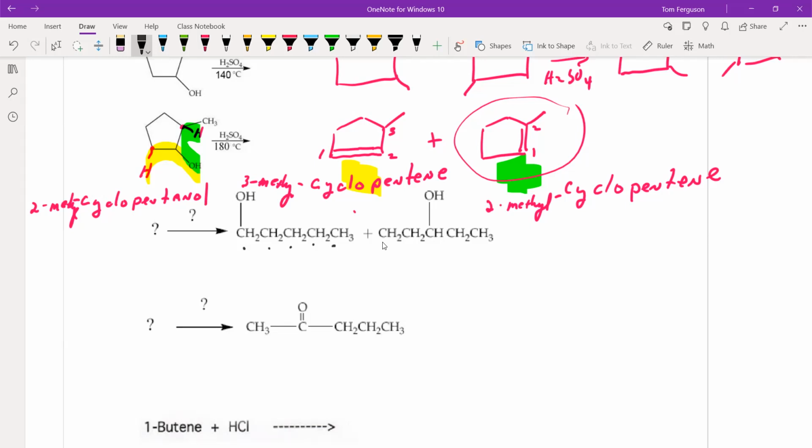Okay, so that means we need a 5 carbon chain with a double bond on the end, so that when you put water across that, we end up with a mixture.